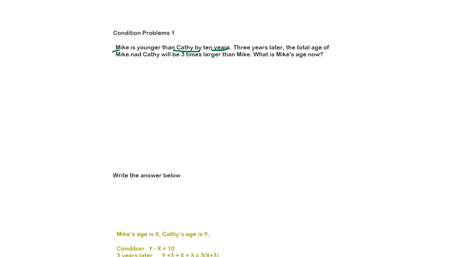Okay, so Mike's age is X, Cassie's age is Y, right? Initially, Mike is younger than Cassie by 10 years, so X plus 10 is Y. Is that okay?